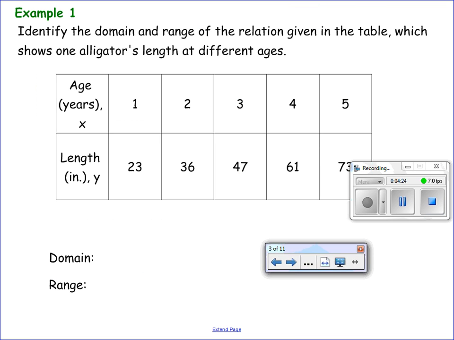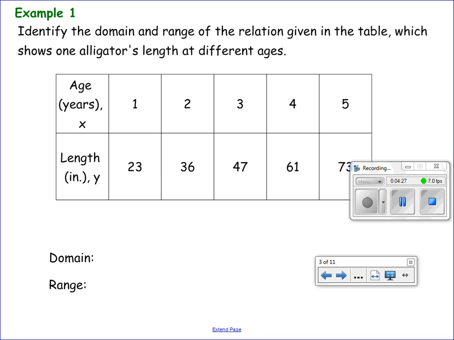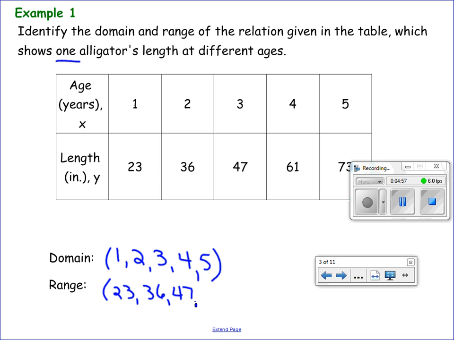In our next example, identify the domain and range of the relation given in the table, which shows one alligator's length at different ages. So let's list the domain for this table. The set of 1, 2, 3, 4, and 5 is our domain. The range would be 23, 36, 47, 61, and 73.